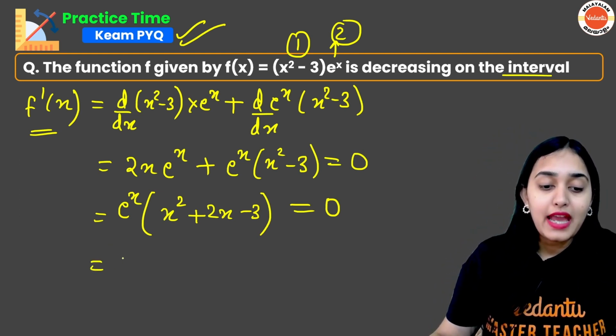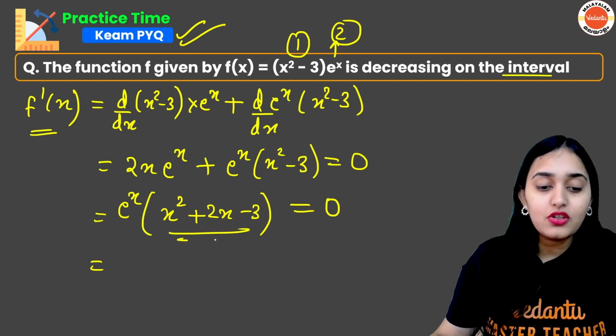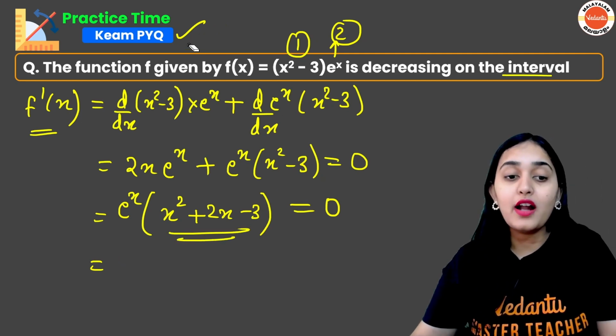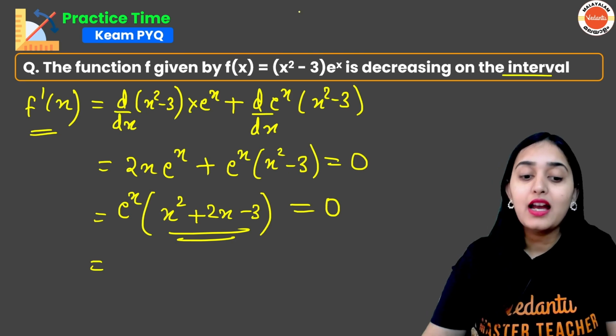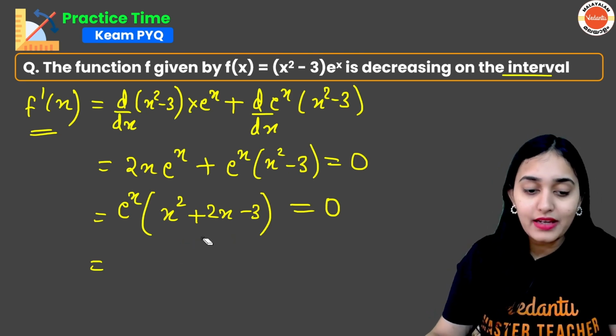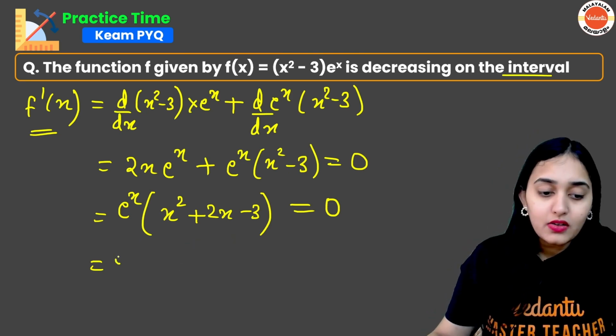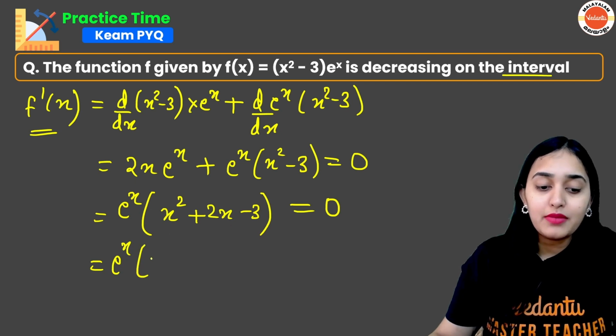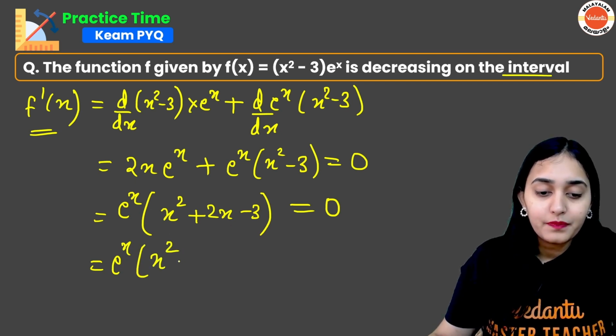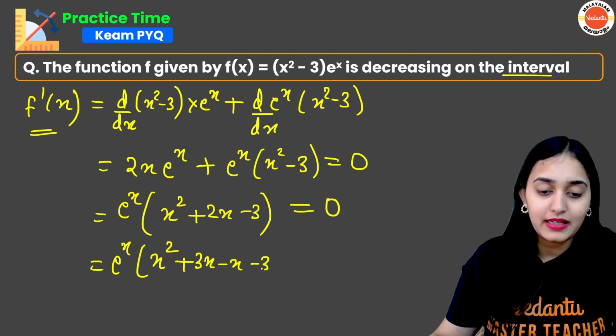Now we have this should be 0. Now this is what? A quadratic equation. How do we solve a quadratic equation? Let me show you. So e to the power x, this can be written as x square plus 3x minus x minus 3. Right? Now take out common.